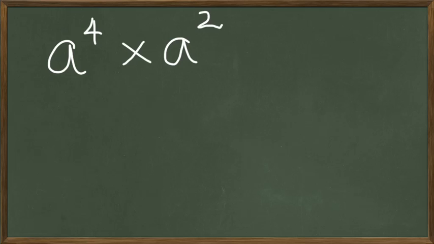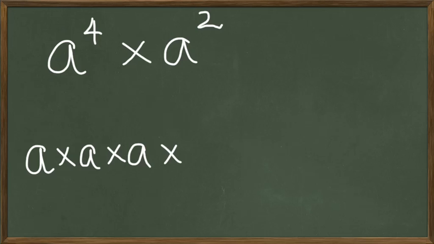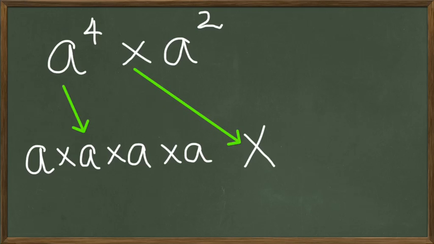If you have a to the power of 4 multiplied by a to the power of 2, let's see what happens if we expand this out. First off, a to the power of 4 is going to be a times a times a times a. Then you have your times, which is this thing right there.